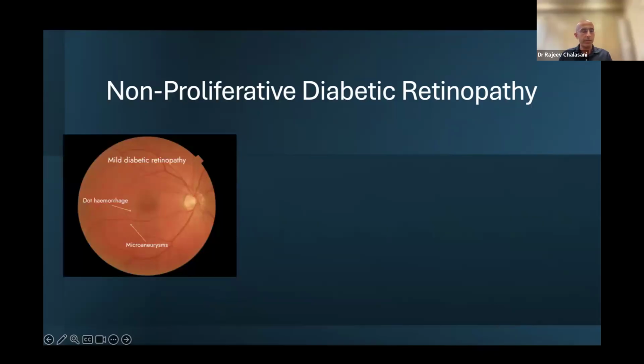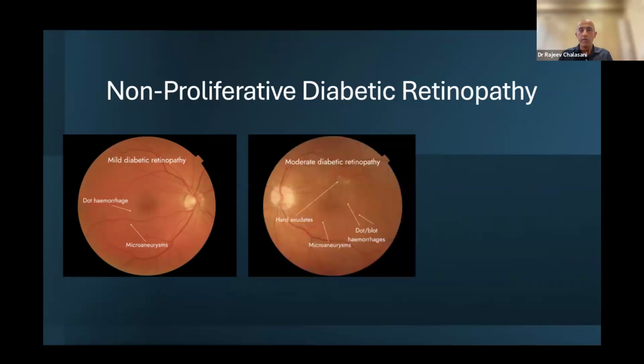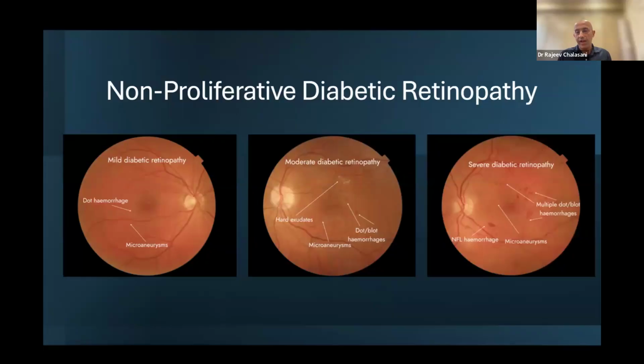So initially, we might see what we call mild diabetic retinopathy, where we might only see microaneurysms or one or two hemorrhages. As we get more microaneurysms or hemorrhages, this then moves into what we call moderate diabetic retinopathy. And then finally, when we have extensive changes in the retina in all four quadrants of the retina, we have what we call severe diabetic retinopathy.